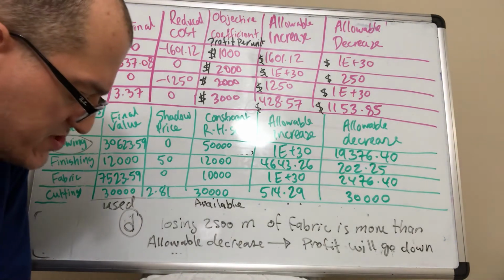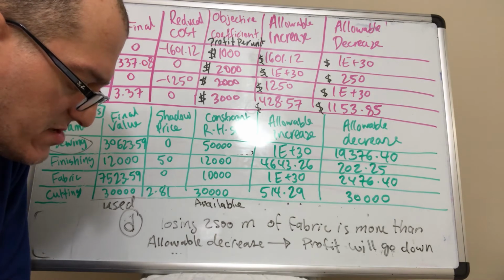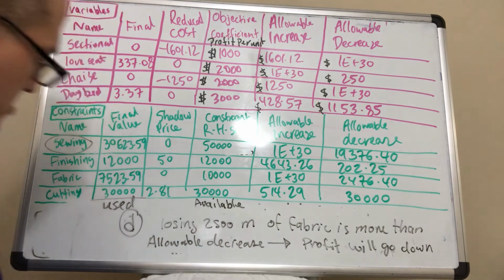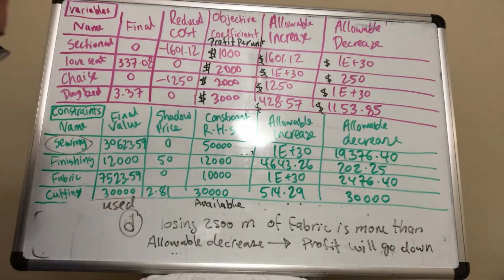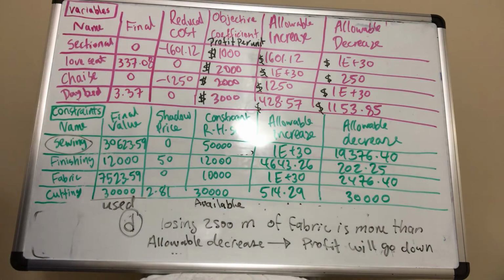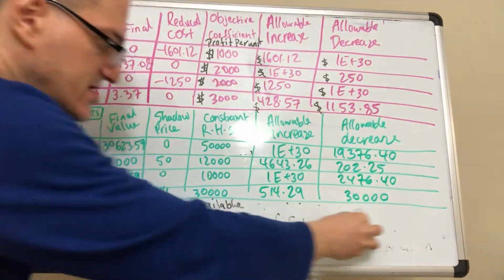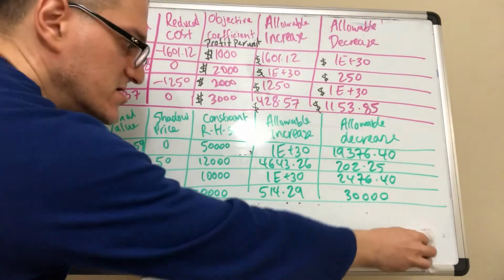Now, suppose you can get more finishing time, and you have to pay money for this. So you get more finishing, and you're gonna pay 3,500 an hour. Now remember, all these constraints for finishing, cutting, and sewing are all in minutes.